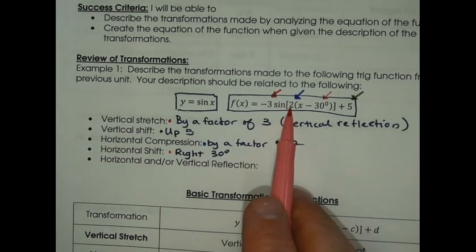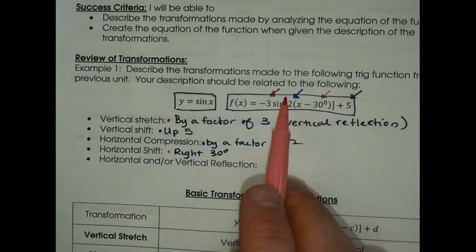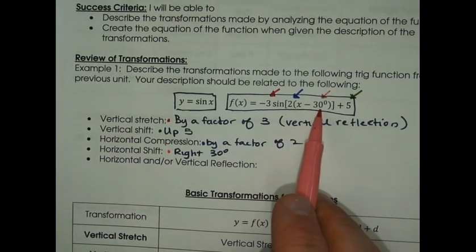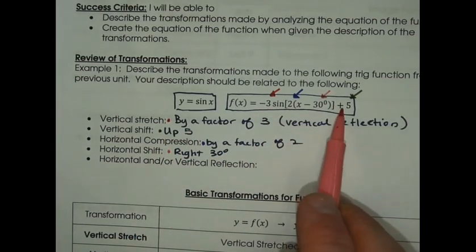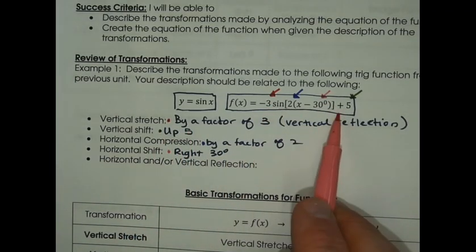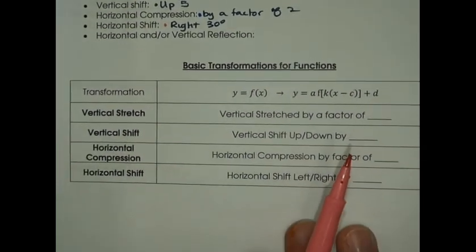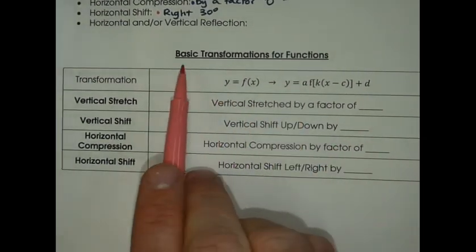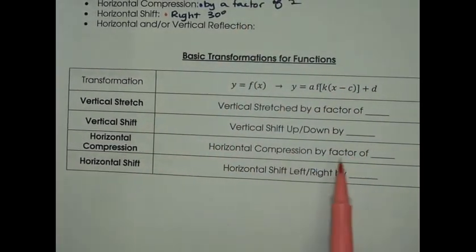Anything that affects the horizontal position is going to be inside the function, so the 2 and the 30, and anything that affects vertically is going to be on the outside of the function, so that 3 and that 5. So that leads us to this: we can take any function that looks very similar to what we have above.